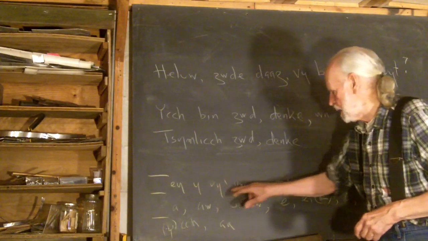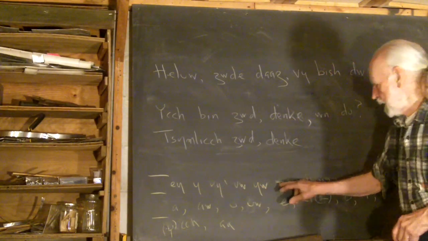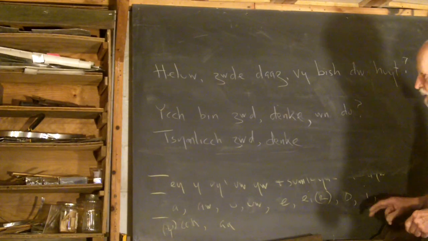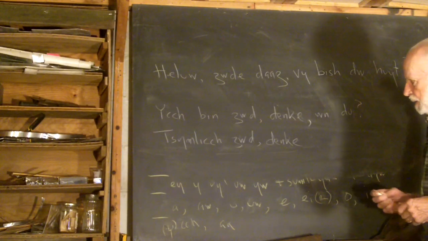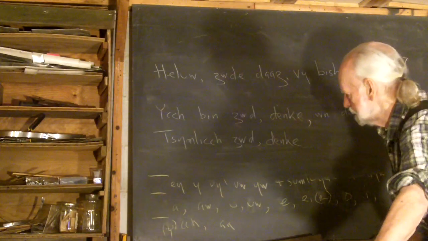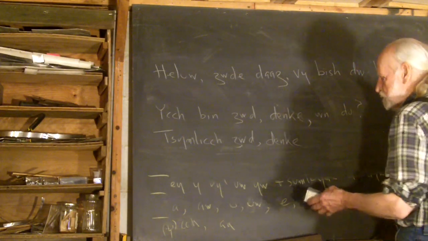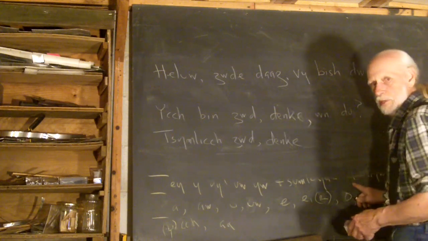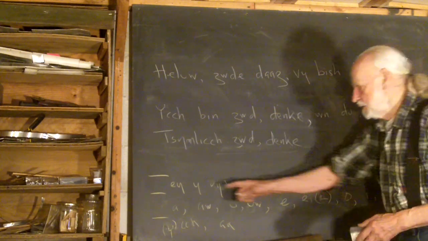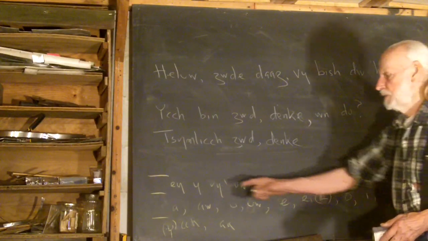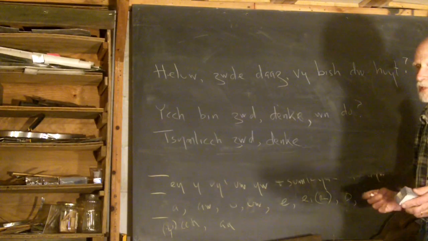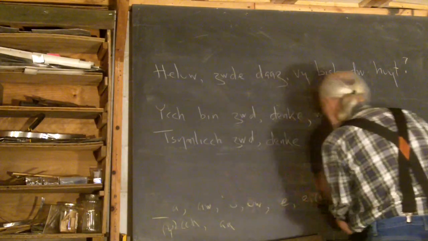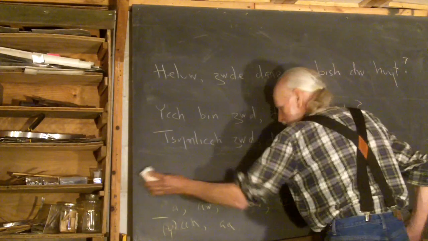A, E, I, O, U, and sometimes W. Well, it's a kind of a funny incomplete list, because the W and the U and the E are both glides, they're sometimes called. But I don't want to explain too much of the grammar.